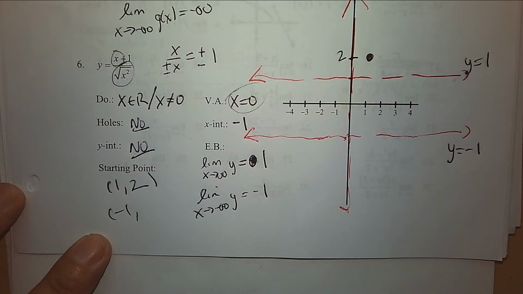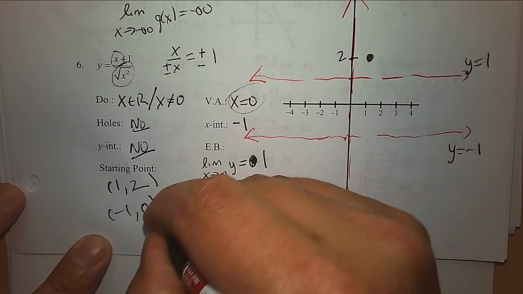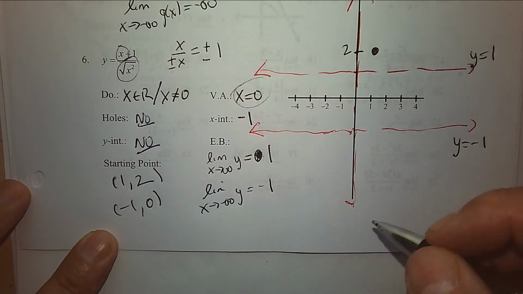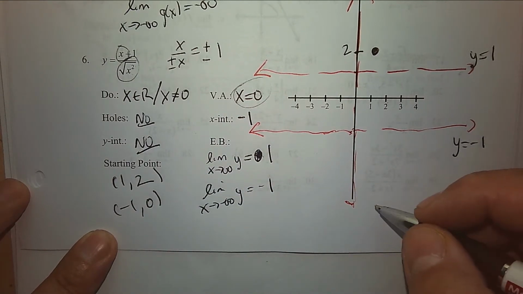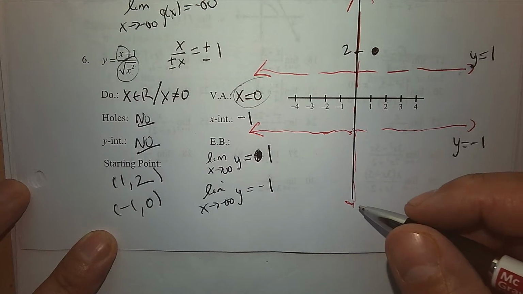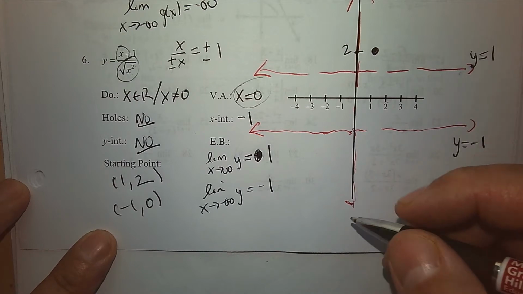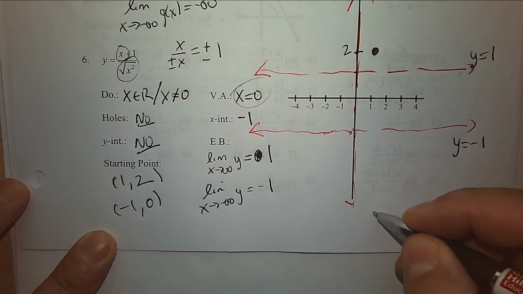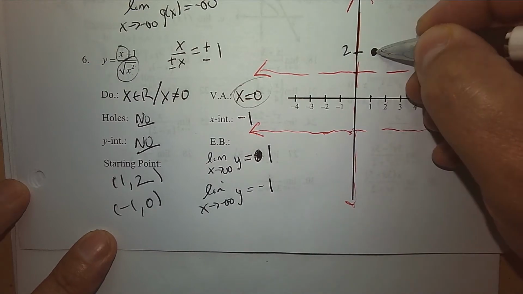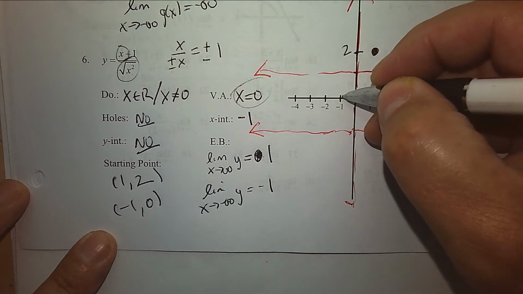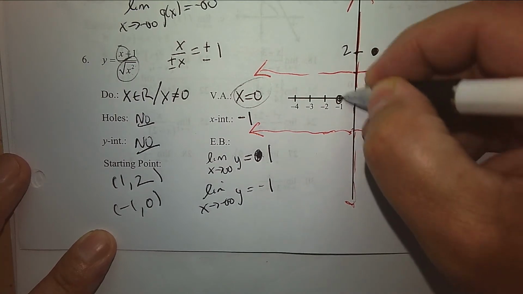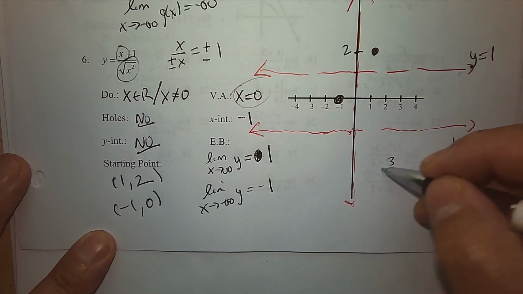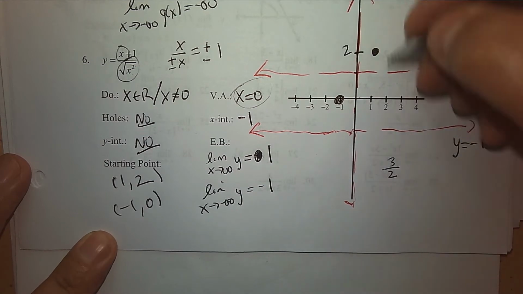What's the answer? What's another easy one to plug in? Like 2, might as well. So what would happen for 2? If I plugged in 1, we said it's a point. At negative 1, the answer is 0. What would happen at 2? It'd be 3 over 2, so 1.5.